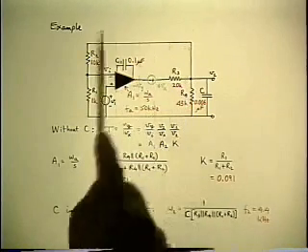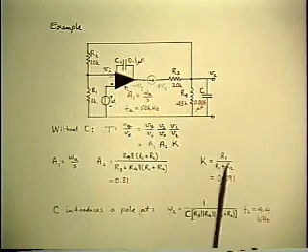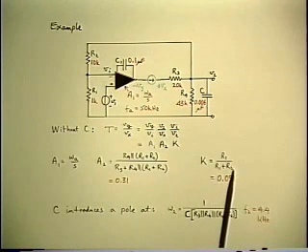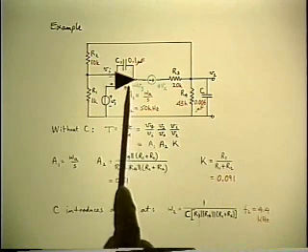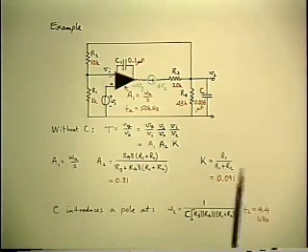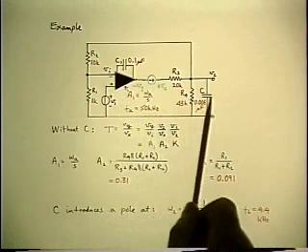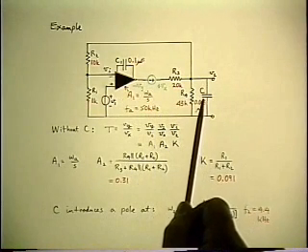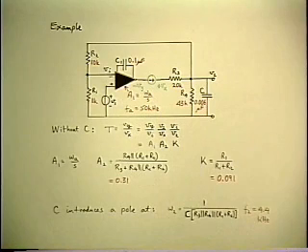Then the K factor is the feedback factor, which is the simple resistive divider, R1 over R1 plus R2, and the A1 is the op amp gain we have already. So I multiply those 3 factors together, and that gives me the loop gain, except I still have to put back the corner frequencies from the capacitor that I left out.